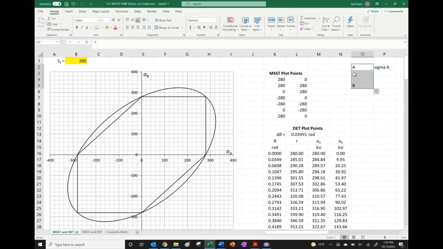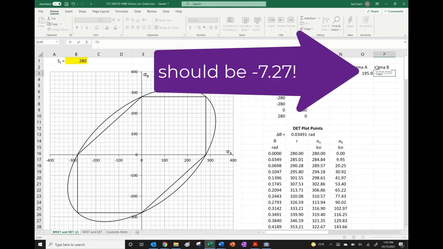I'm not a smart man today, or most other days. Sigma A, sigma B. And I'll just plug in the numbers for this. All right, so the principal stresses were 195.9 for A and negative 72.7. I'll put these in here as well.